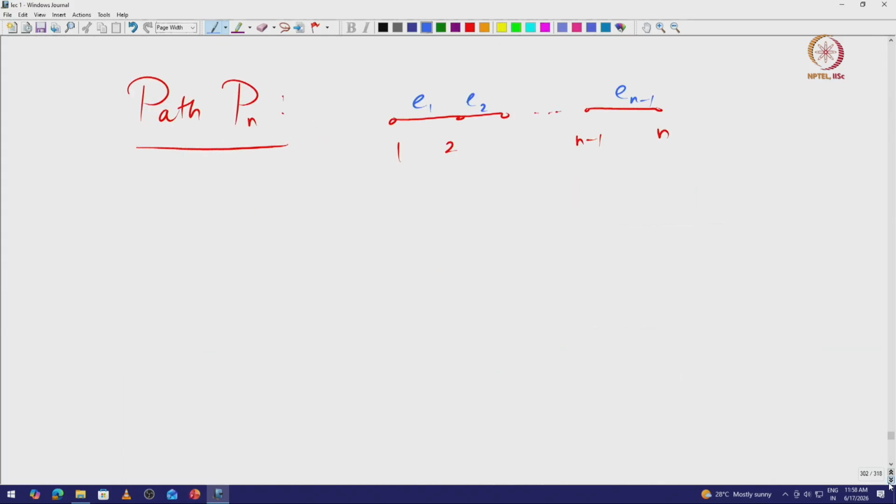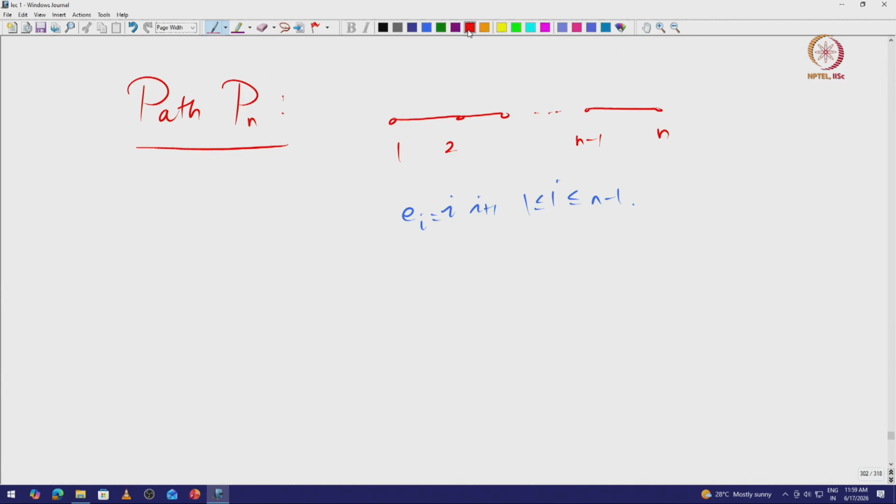For example, in this case, I don't need to tell what all the edges are, because we have already told by drawing this diagram I and I plus 1. This is going to be the edge for I coming from 1 to n minus 1. So this is one important family of simple graphs.